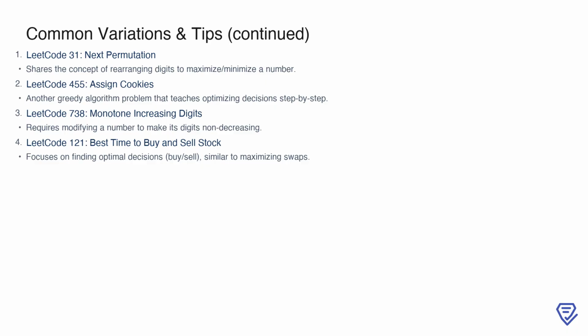LeetCode 738, monotone increasing digits, requires modifying a number to ensure its digits are non-decreasing, a challenge that also involves careful digit manipulation. Finally, LeetCode 121, best time to buy and sell stock, focuses on finding optimal decisions, in this case, the best days to buy and sell, similar to how maximum swap requires finding the best swap to maximize the number. Exploring these problems can deepen your understanding of related concepts.